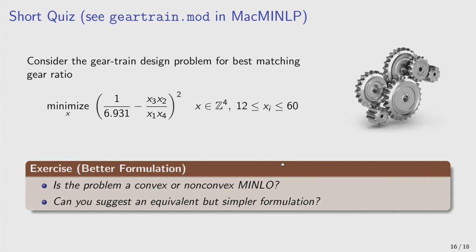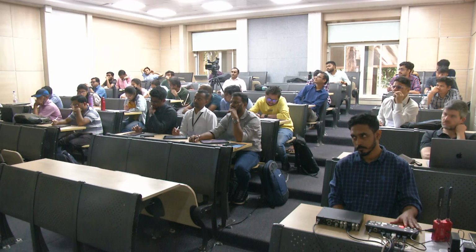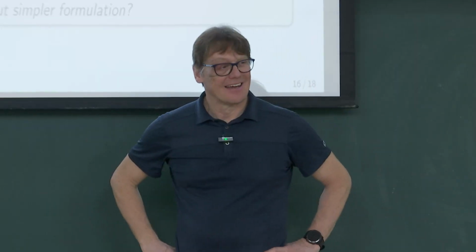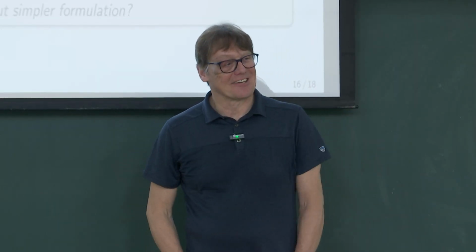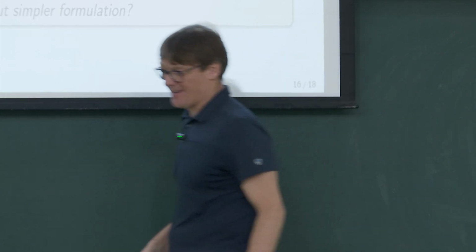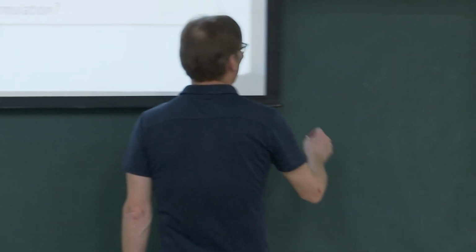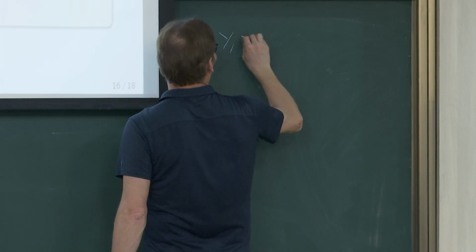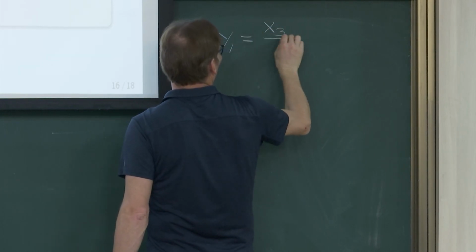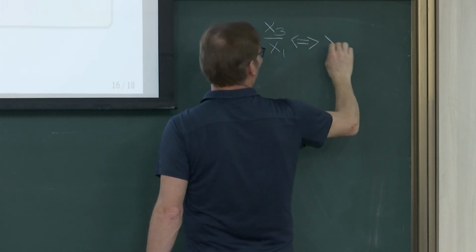They're big, but simply we can add a few more variables. Okay, I like adding variables, not too many. How many would you like to add? For example, we can say that y1 is x3 by x1. In other words, we say that x1 y1 equals x3.